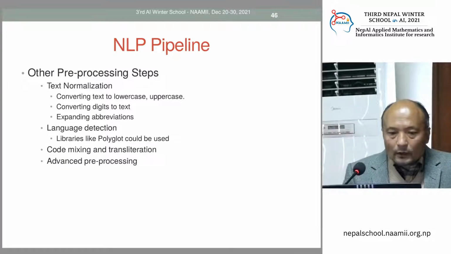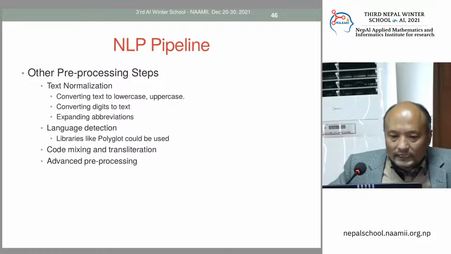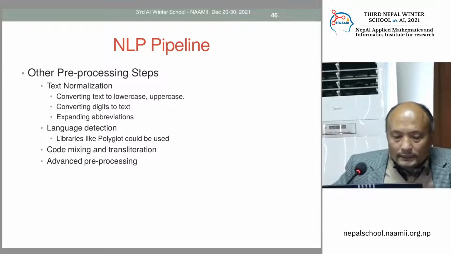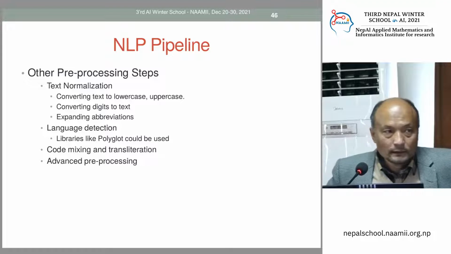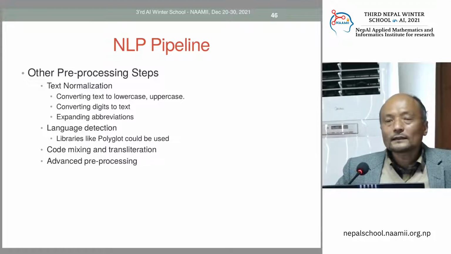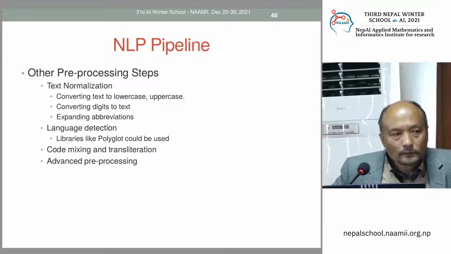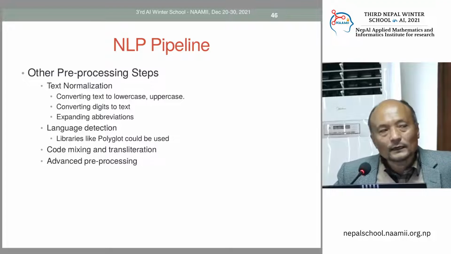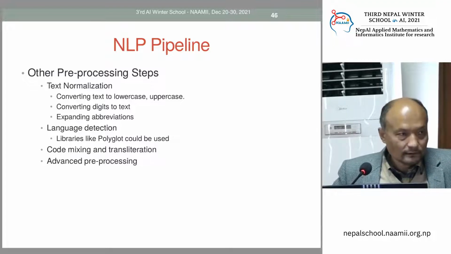So there are other pre-processing steps. I've already discussed a bit about text normalization. The other thing is expanding abbreviations as well. Usually, there are different markers like full stop, period, question mark, or exclamation, which mark the end of a sentence.